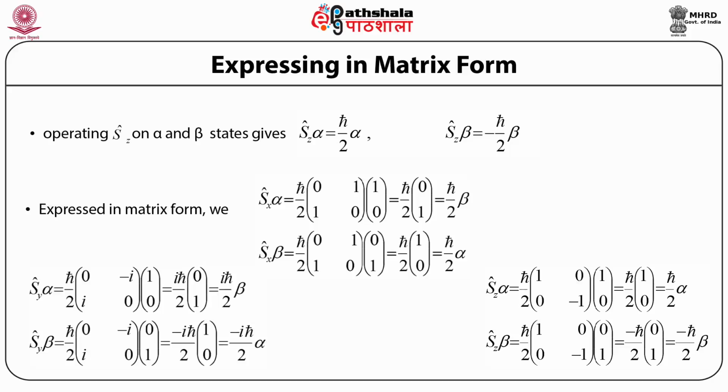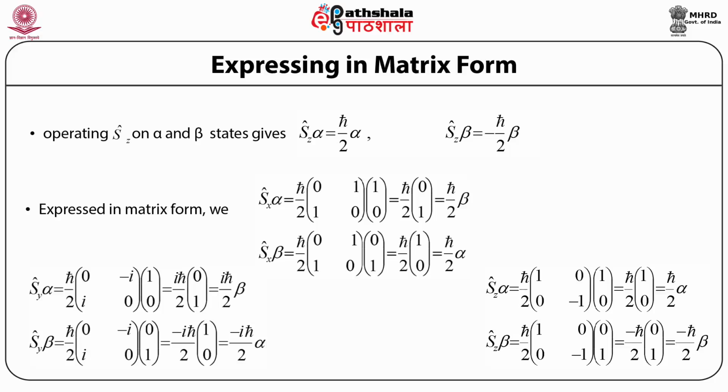Similarly, when the y component of the spin vector operator Sy acts on eigenstate beta, that is the spin down state, it gives the value h cross by 2 times the 2 cross 2 matrix 0 minus iota, 0 times the column matrix 0 1, and this is equal to minus iota times h cross by 2 times the column matrix 1 0, and this is equal to minus iota times h cross by 2 alpha.